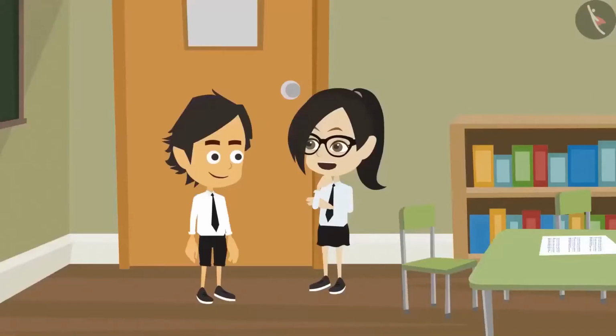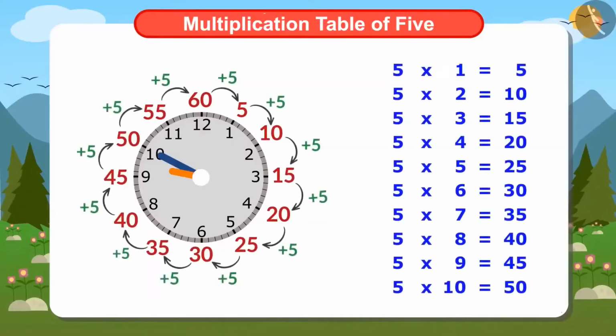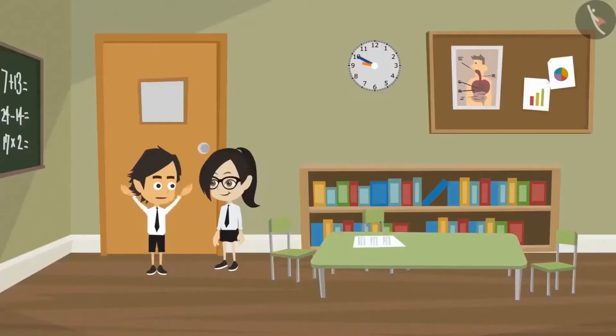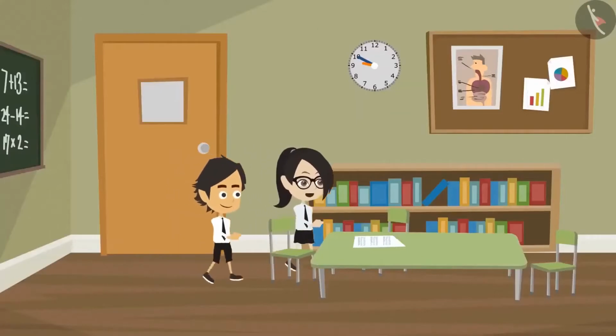I also know the multiplication table of 5, but I never thought that it can be used to find the minutes. Now you can also use the multiplication table of 5 like me to see the minutes. You do not have to count the minutes one by one. Yes, I will do this now.